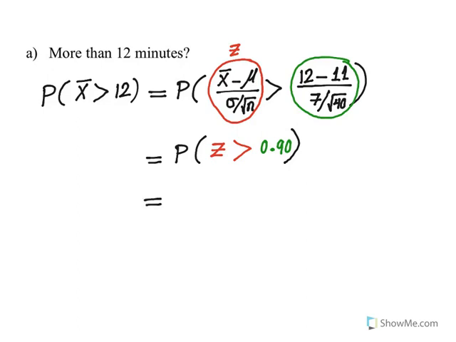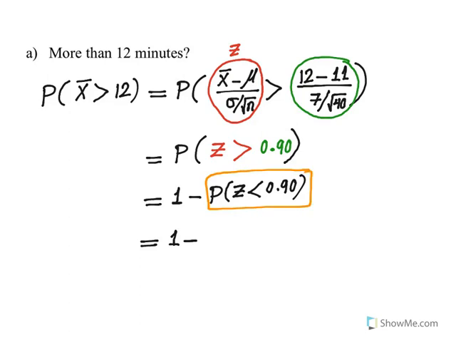But we know that we can change this so that we can use the z table as 1 minus the probability of z less than 0.90. Watch the previous parts, then you will understand this. By now you should be a master of computing probabilities using the z table. So now this will be 1 minus, and let us find this probability that z is less than 0.90.